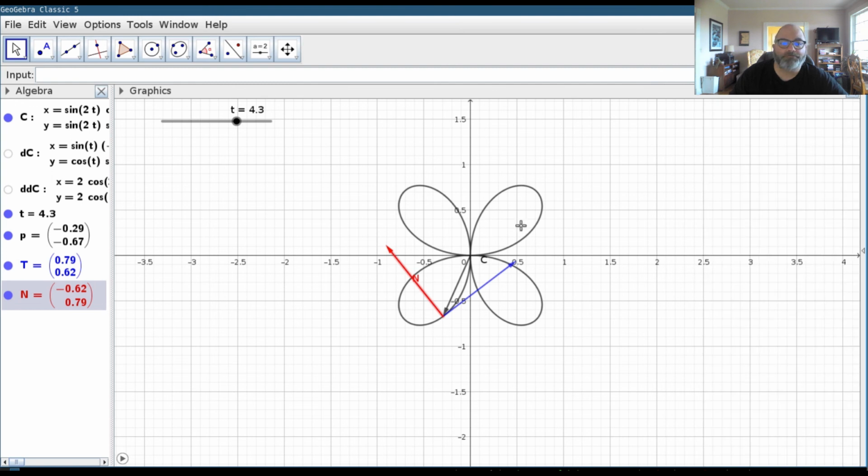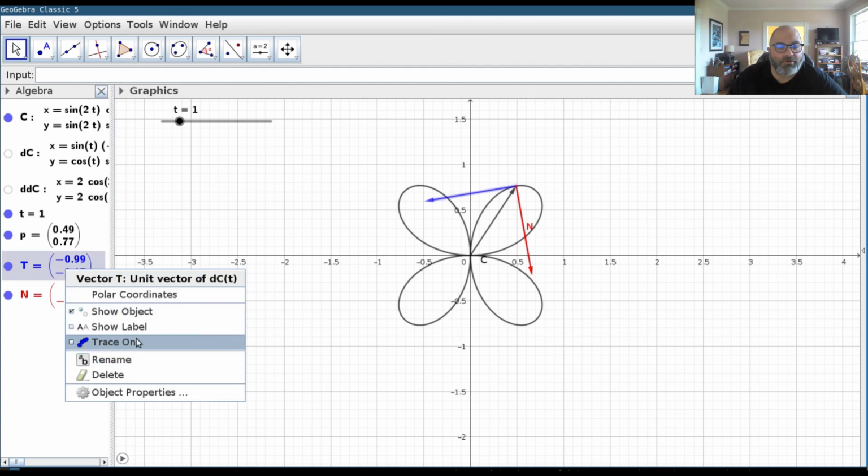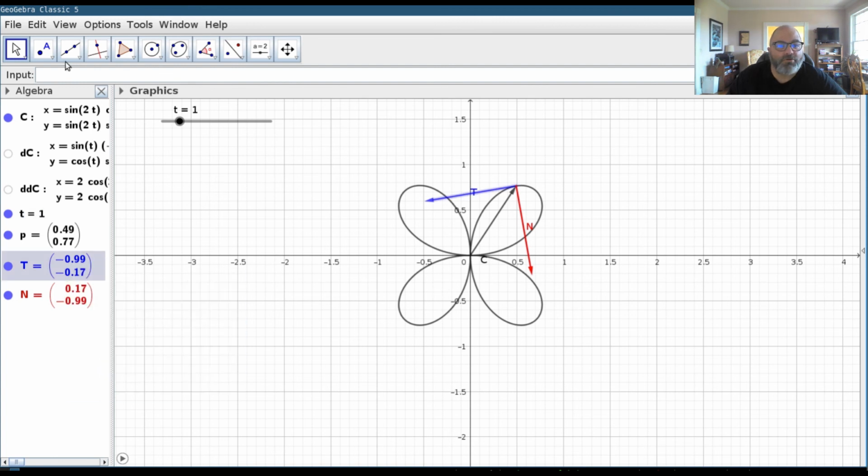And so now, taking these things back just a little bit to our point there, what we've got is our unit tangent vector as the blue vector, and our unit normal vector, we're going to turn that label back on, being our vector n.